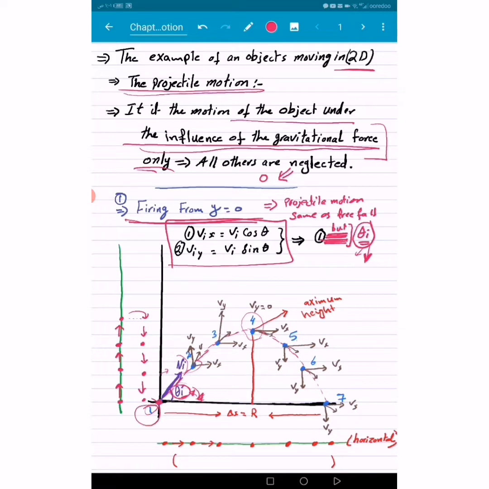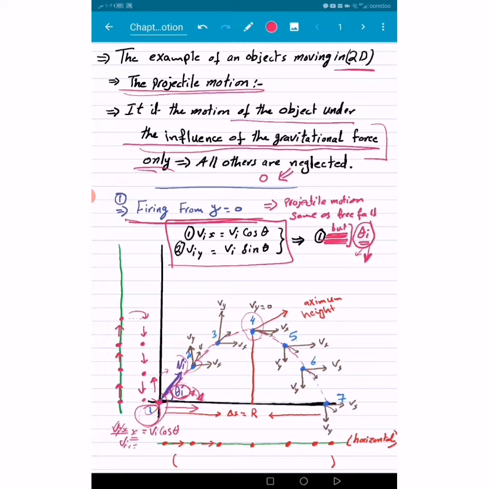So the first equation at point 1, here X, here Y. V in X, or Vx, is equal to Vi cosine theta. The V initial is the same.